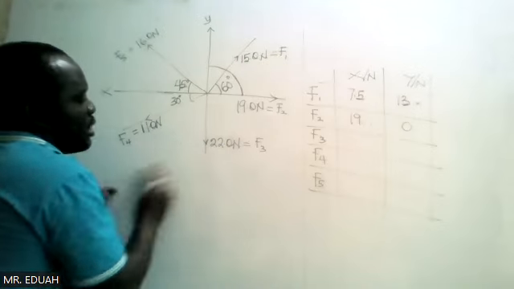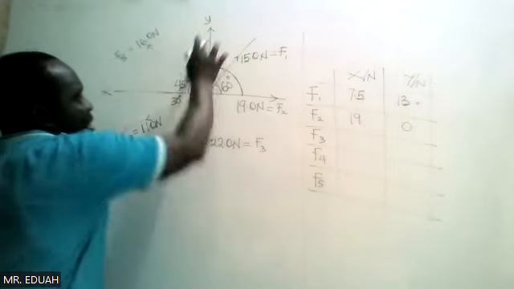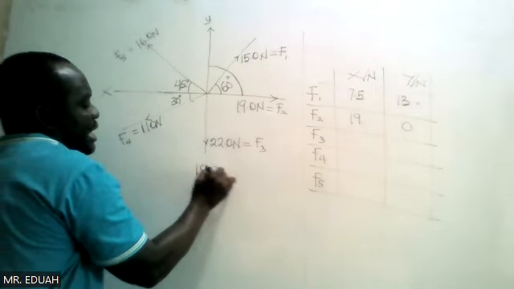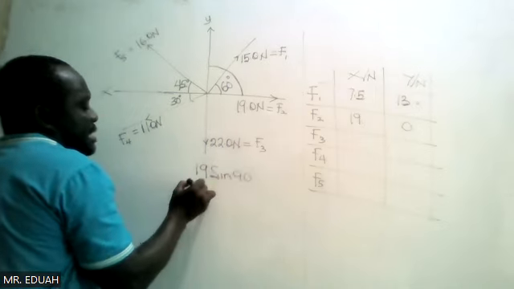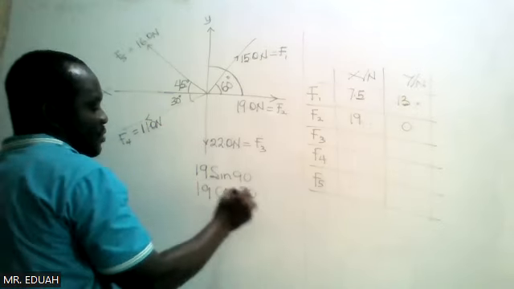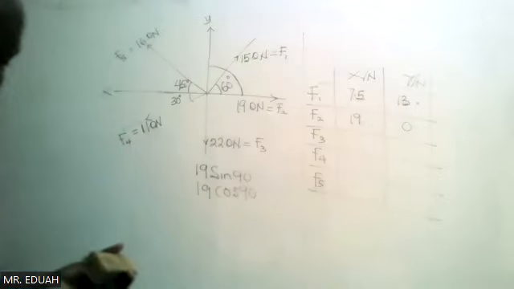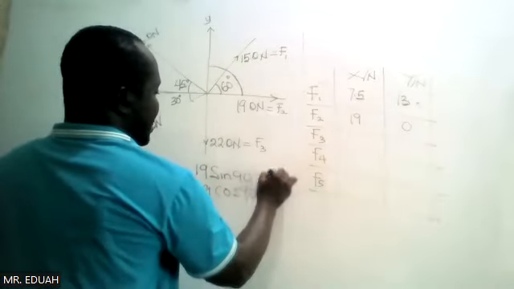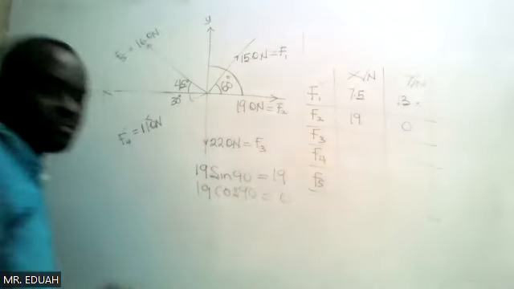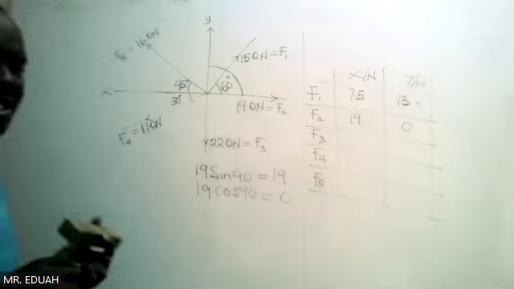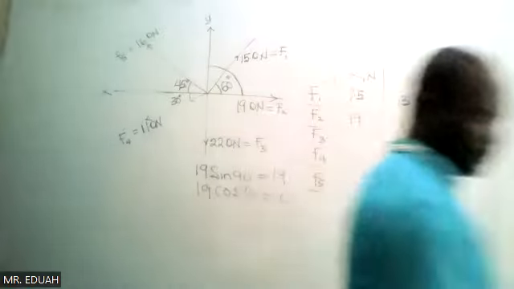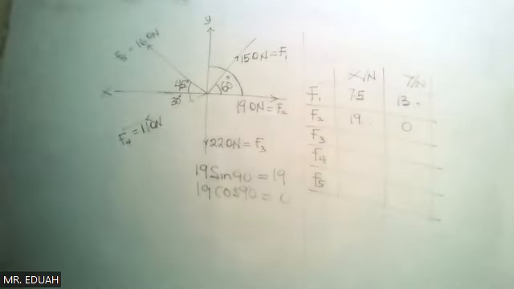So we have 19 sine 90 as against 19 cos 90. Sine 90 is 1, so this will give you 19, cos 90 is 0, and so this will give you 0. Are you okay? Yes, please.